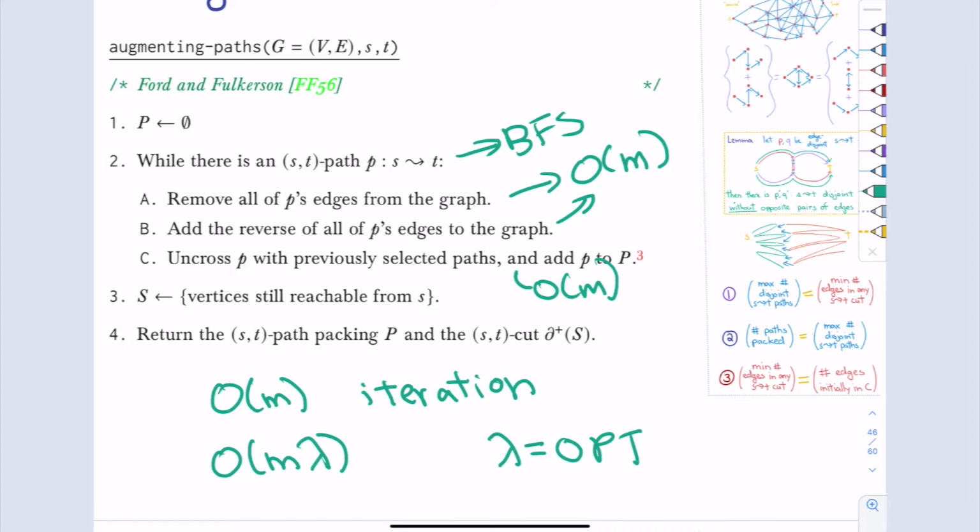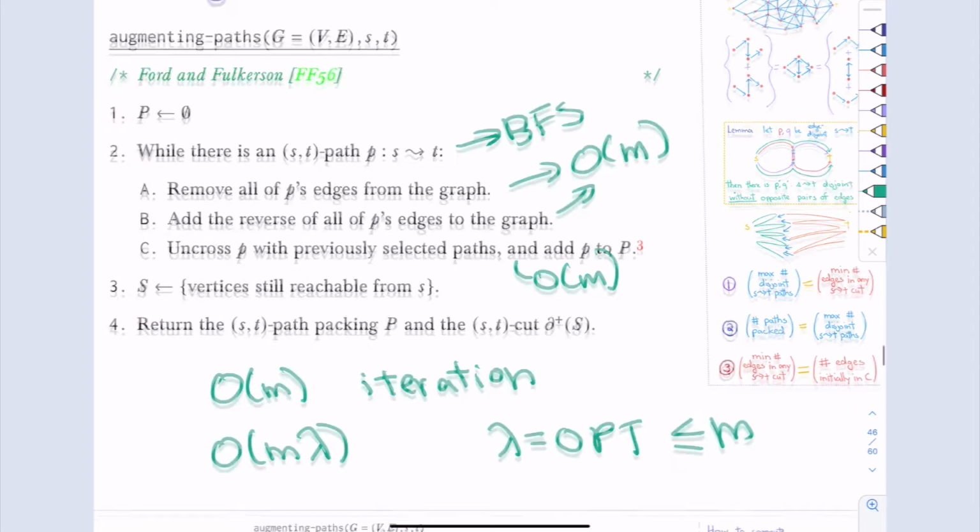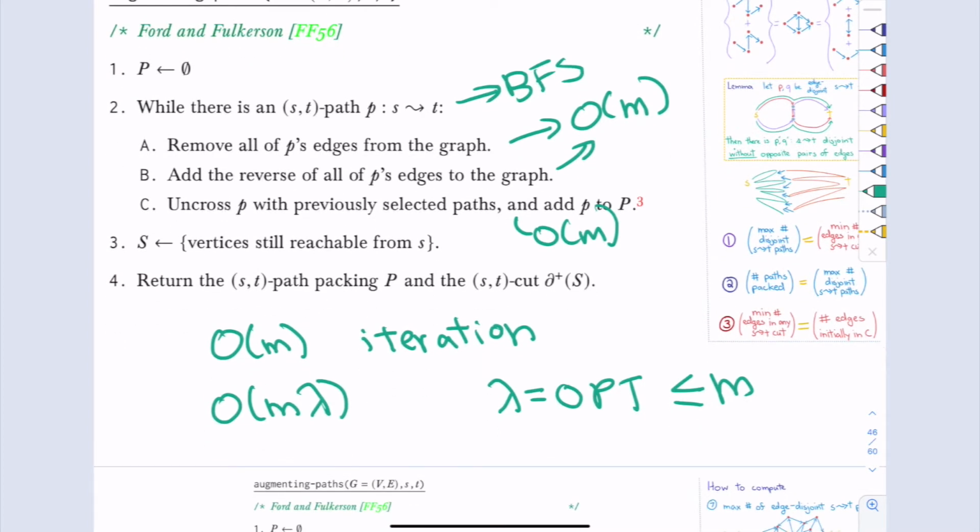Now, for us in a graph, opt is always at most m, because each path uses at least one edge. So this will give you a polynomial time algorithm. You might think, shouldn't it be less than or equal to n, because S only has n edges leaving it? That would be true, but technically our discussion could have extended to a multigraph, so still unweighted, but with multiple copies of an edge.